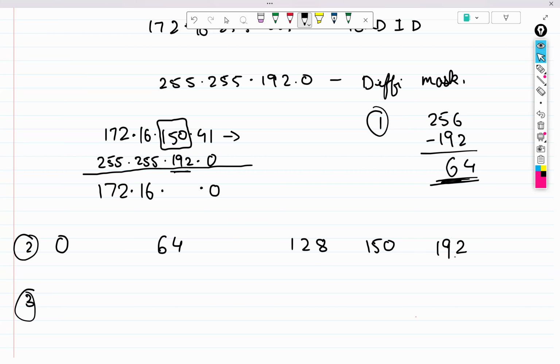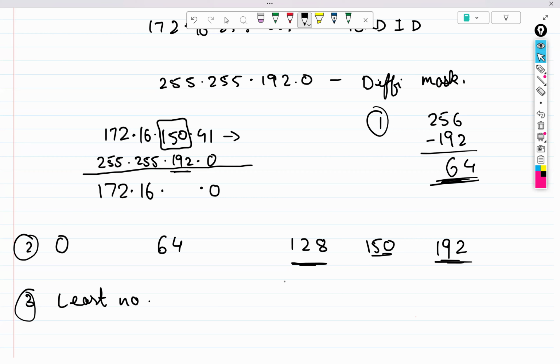Now the next step is to find out which is the least number of these two. Of 128 and 192, the least is 128, right? So this part is to find out the least number, that is 128. 150 is between 128 and 192, and 128 is the lower number.